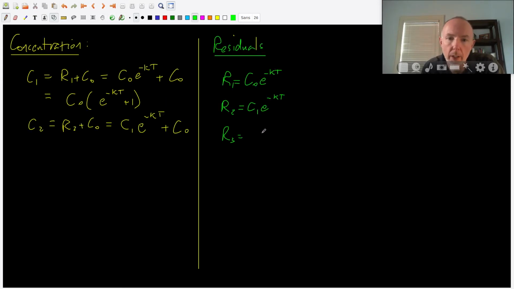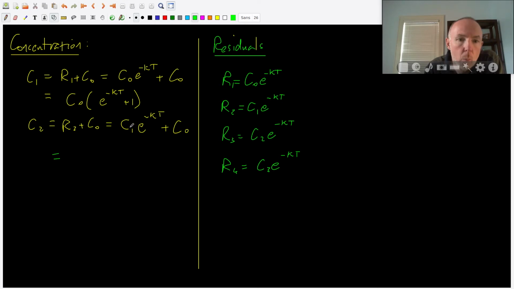And so we can kind of build these things up. This is going to be the second concentration, e to the minus kt. This is going to be the third concentration, right, after we take the third dose, and then we decay it. So we can sort of reconstruct these things because on the other side, we've got an expression for the C's.